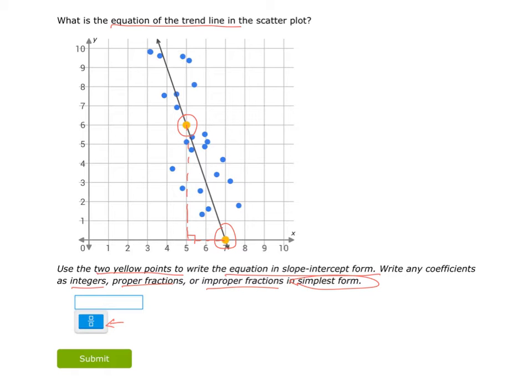So delta y. From here it's decreasing, right? From 6 it's going down to 0. That's a decrease of 6 coordinate points on the y-axis. 1, 2, 3, 4, 5, 6. So this would be negative 6. Whenever something is decreasing, we see that it has a negative trend.